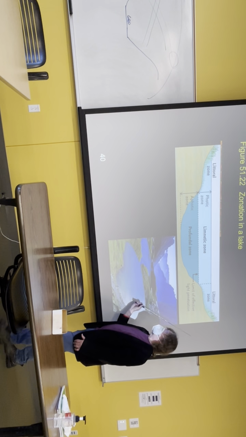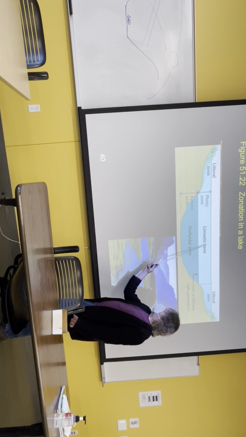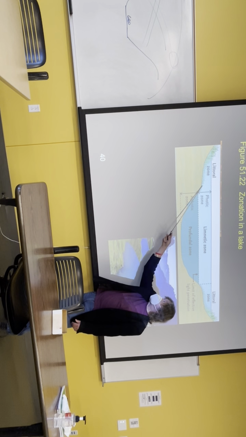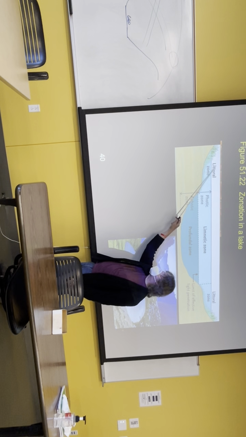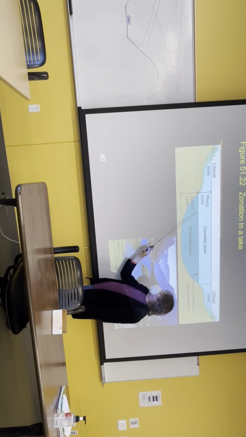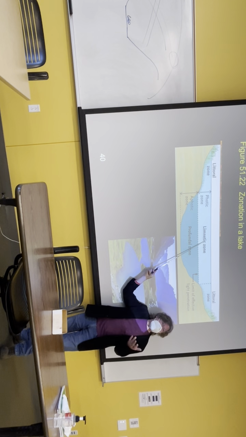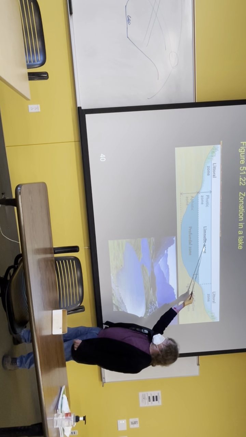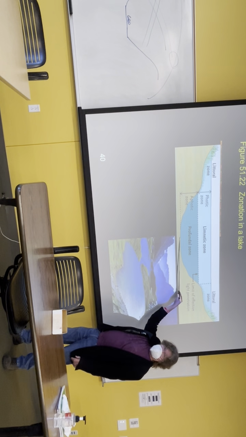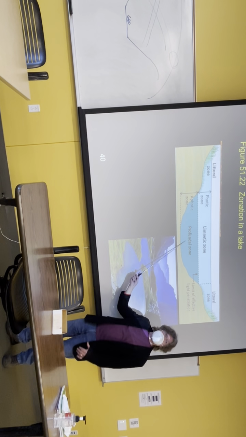Out here in the limnetic zone, you do have algae, but here you have even water plants that can still get some of the sunlight. Out in the limnetic zone, it's things like diatoms and other small algae. But when they die, they drop down to the bottom, okay? And they contribute to sediment down here in what is called the profundal zone.